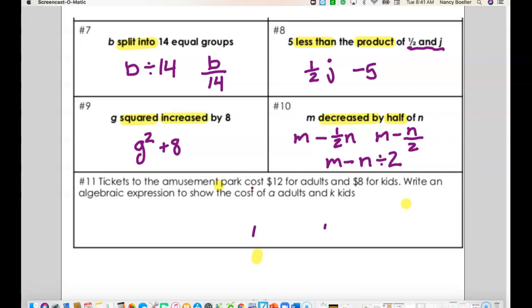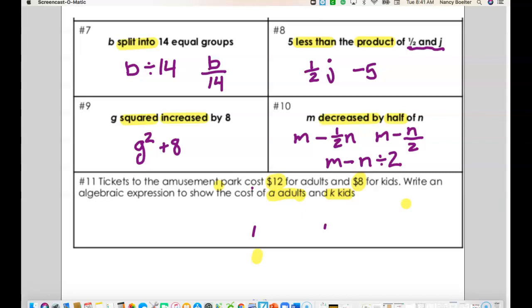And the last one is a word problem, so we're going to have to search a little bit harder for our information. Tickets to the amusement park cost $12 for adults and $8 for kids. Write an algebraic expression to show the cost of A, adults, and K, kids.